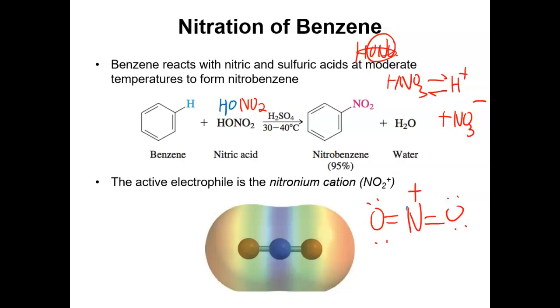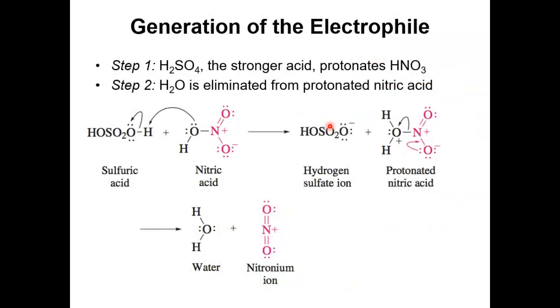So how do you enhance the nitronium cation to make this reaction pathway fast enough? One thing you can do is add sulfuric acid, because if you check the pKa table from organic 1, sulfuric acid is a sizably stronger acid than nitric acid.